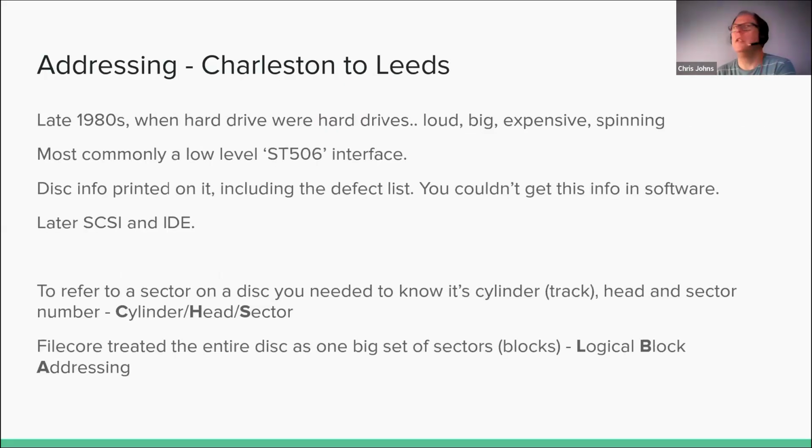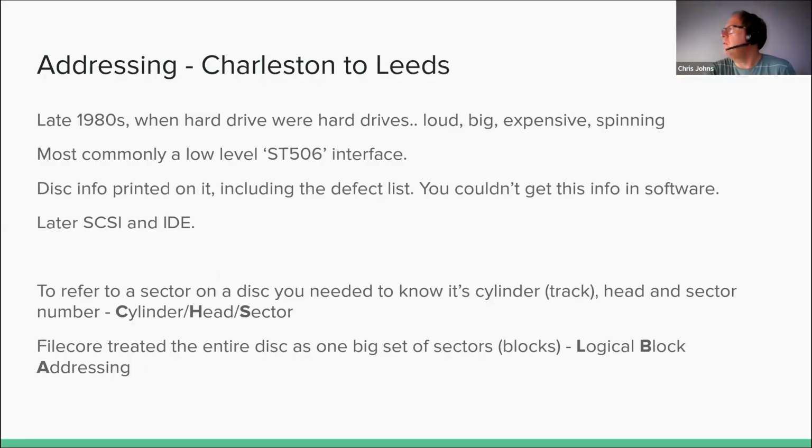So I'll move on. The title of this slide is probably slightly confusing for those who are not in the know. I will get back to why it's called that later. So late in the 1970s, not that old, 1980s, hard drives are hard drives, as I said. They're loud, they're big, they're expensive, and they were basically made out of what's now known as spinning rust, plates of some sort of metal.